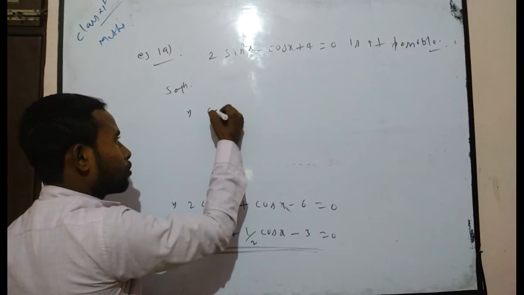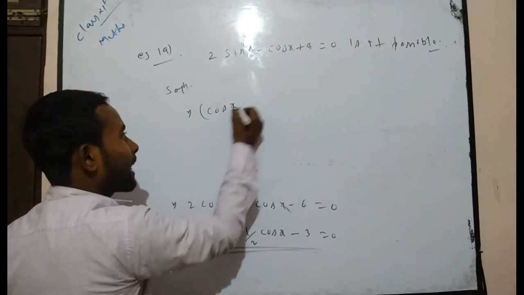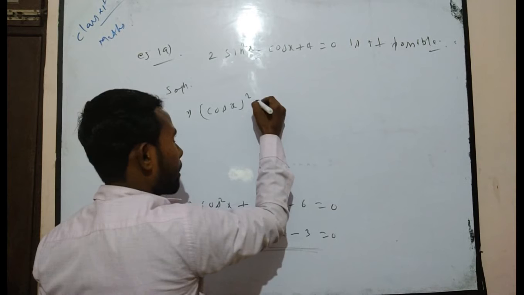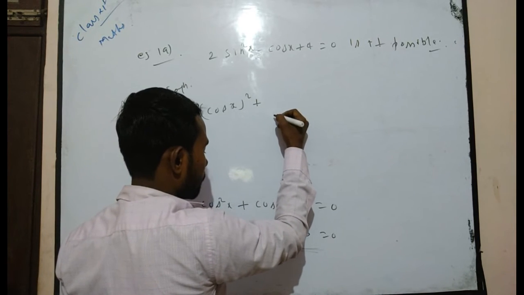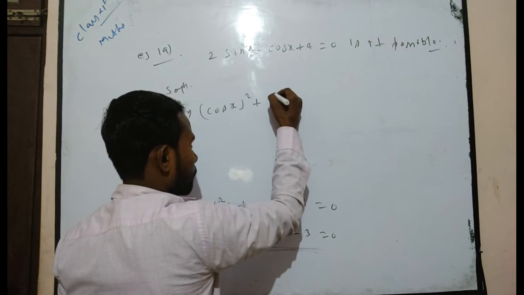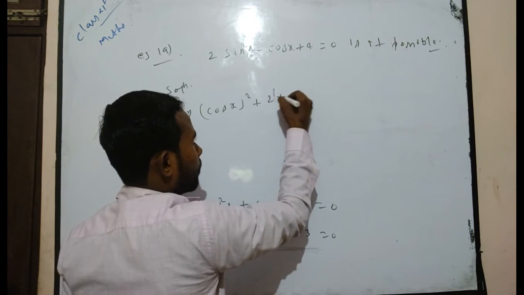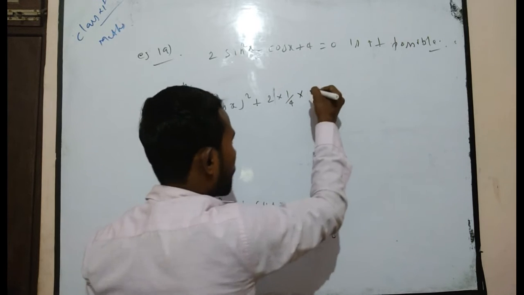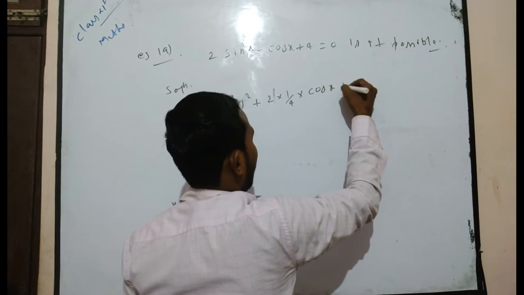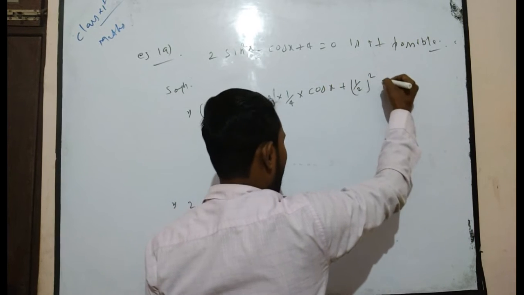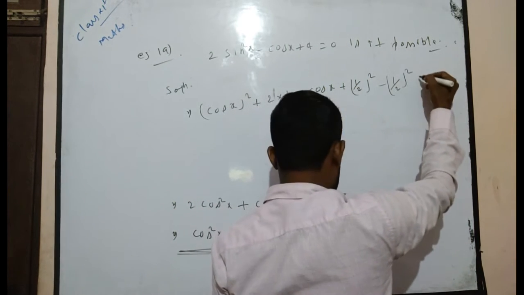You can write cos square x plus 2 into 1 upon 4 into cos x plus 1 upon 2 whole square minus 1 upon 2 whole square minus 3 is equal to 0.